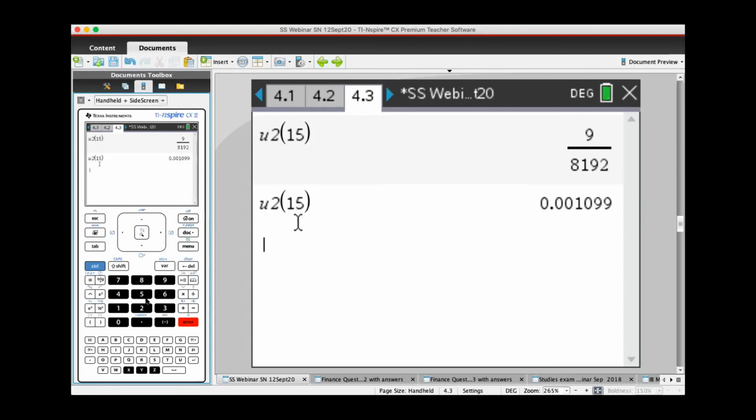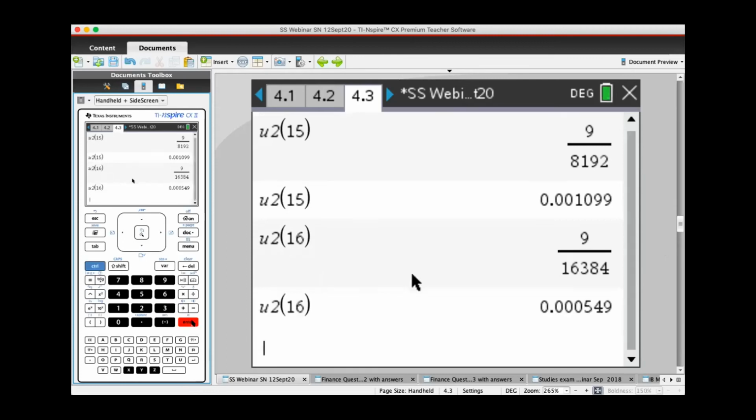So you got to show that U2 of 15 is 0.001099, and now I'm going to do U2 of 16 and press enter. And this one again, I'm doing Control Enter, and I get the answer. And that is why the answer is the 16th term, because it is less than 1/1000.